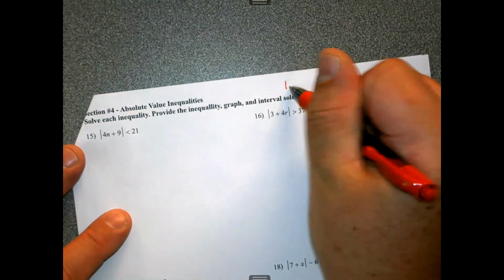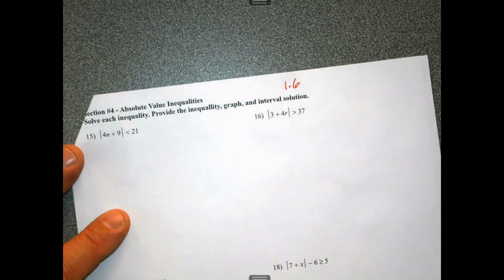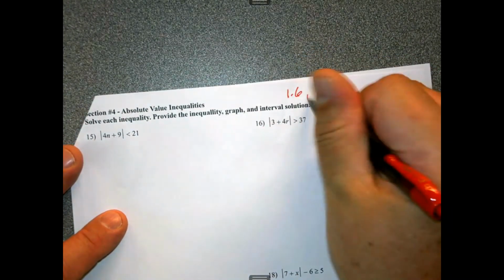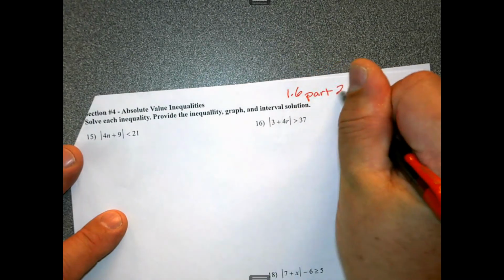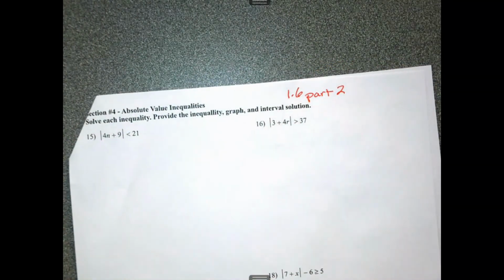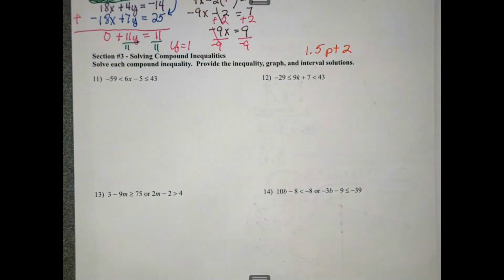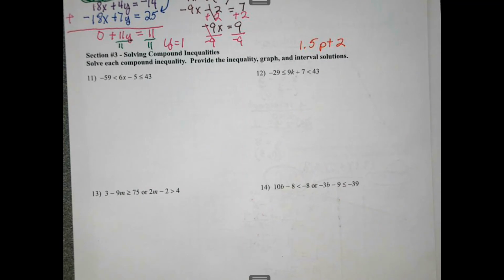And then the other automatic retake was going to be absolute value inequalities, which was 1.6. And I don't know if we split those up. I think we did, part 2. So let me do those. Yeah, if you got an A on it, I mean, unless you're bored, you don't need to do them on the quiz. Okay. All right.